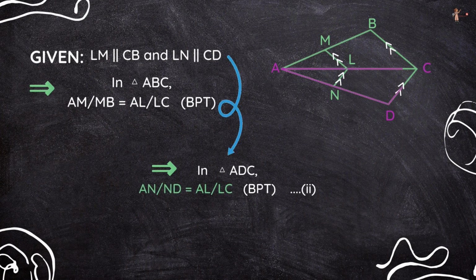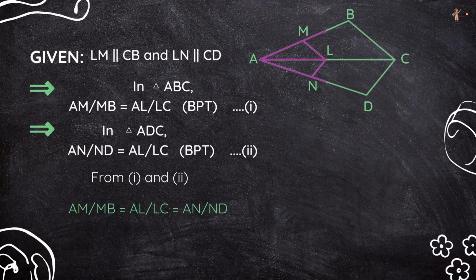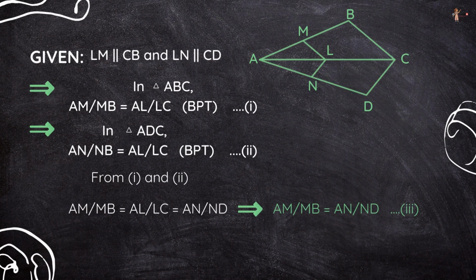Similarly, in triangle ADC, AN upon ND would be equal to AL upon LC by BPT theorem again. From these two equations, AM upon MB is equal to AL upon LC and is also equal to AN upon ND. Thus, AM upon MB is equal to AN upon ND. Reversing it, we get MB upon AM is equal to ND upon AN.